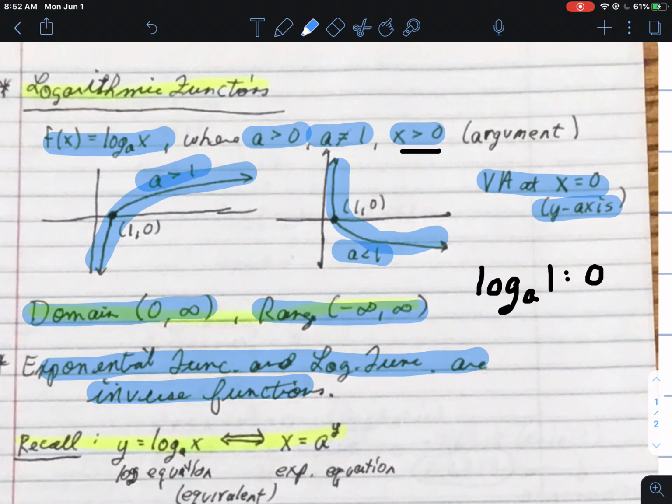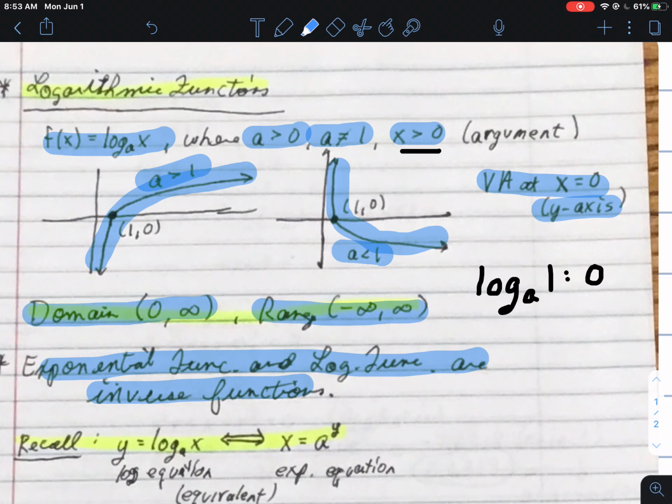If you take that output and plug it into the log function, the inverse of that function, then the log function undoes whatever the exponential function did, and you get back the original input. So essentially x and y, your inputs and outputs, are reversed. The inputs are our domain values, and the outputs are our range values. So a simple way to look at it is that for inverse functions, the domain and range are reversed.